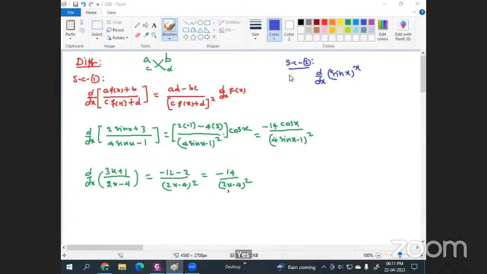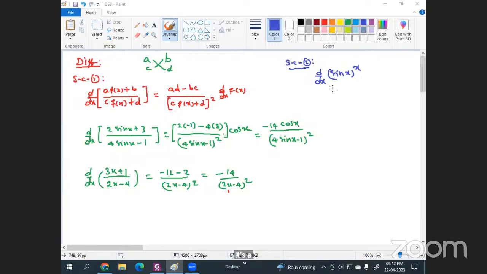No, by taking log. Right? It's wrong. So I'll explain the method of doing this one.